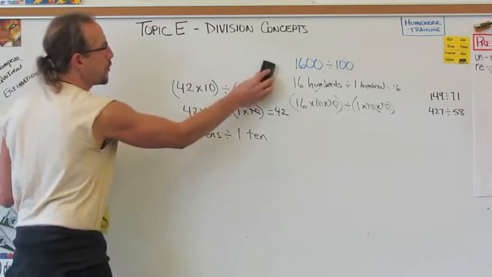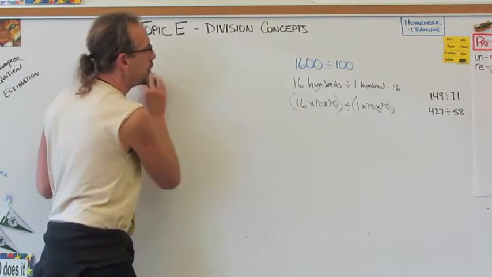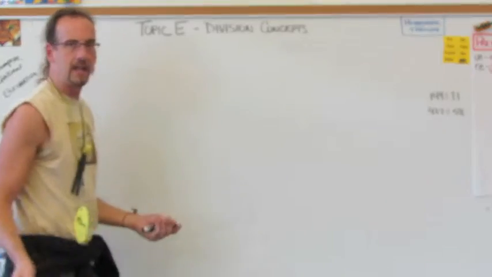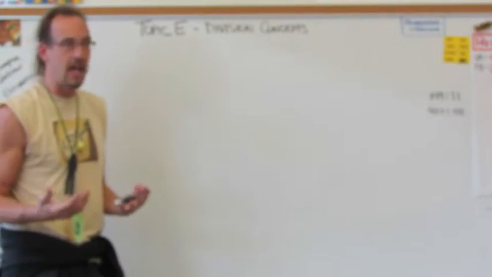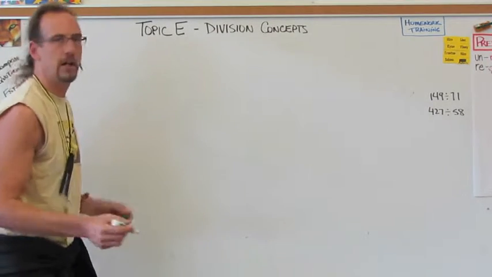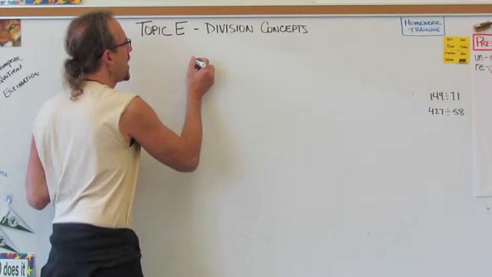After kids start to feel pretty fluent with dividing by big numbers like that, and dividing by multiples of 10, the next step will be to learn how to estimate using that knowledge.